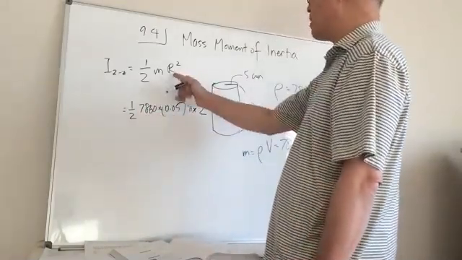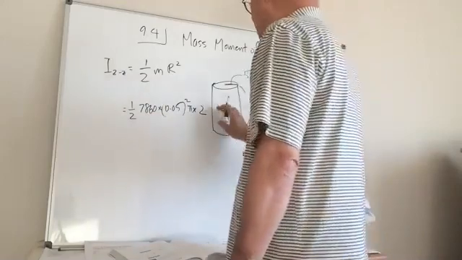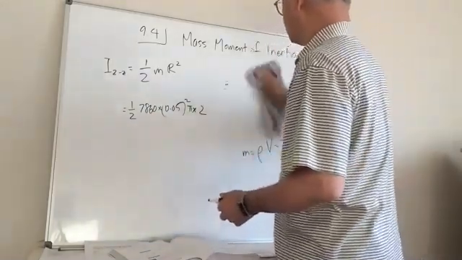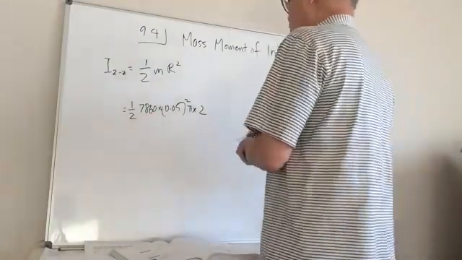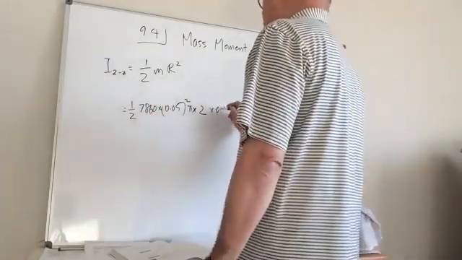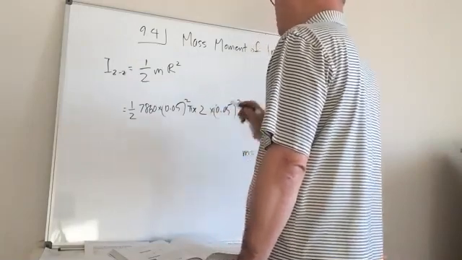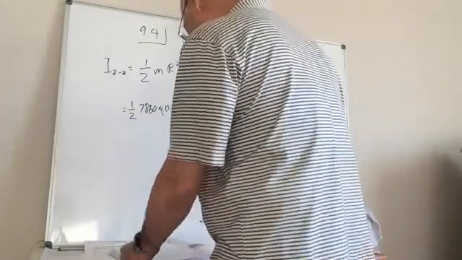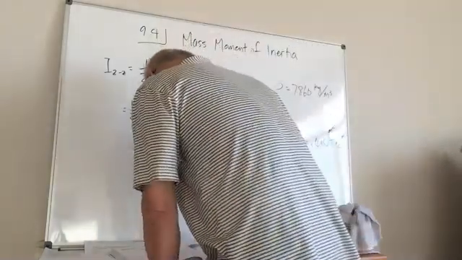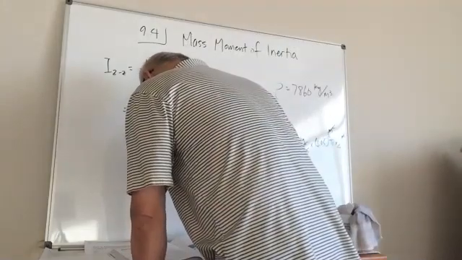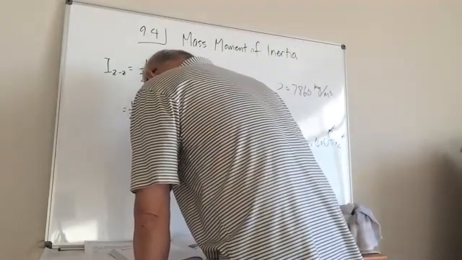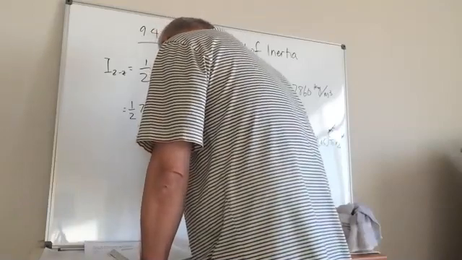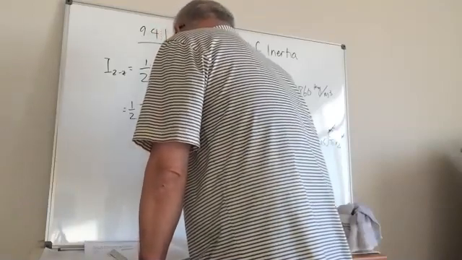Now you have to multiply that by r squared, so we go 0.05 squared one more time. If you do that, you're going to get 0.154 kilogram meter squared.